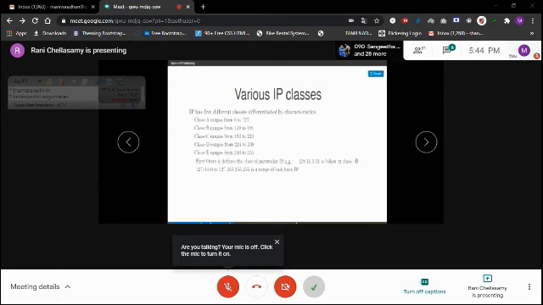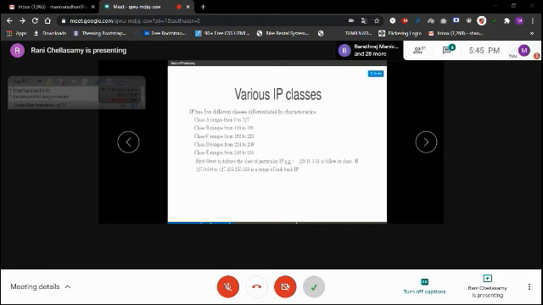The first octet defines the class of a particular IP. For example, take 128.11.3.31. In the 4 octets, take the first octet, the first byte. It is 128. With that number, you can check the ranges.